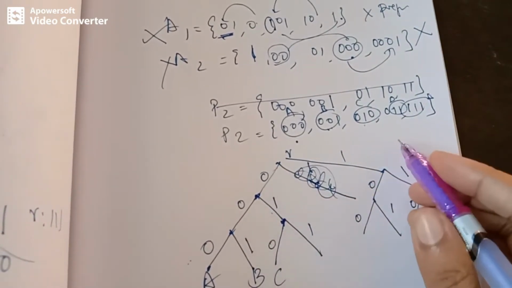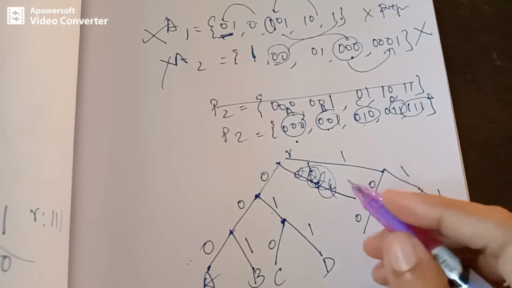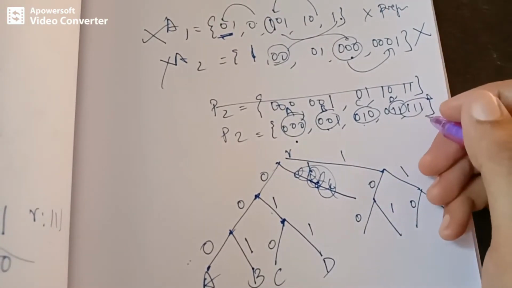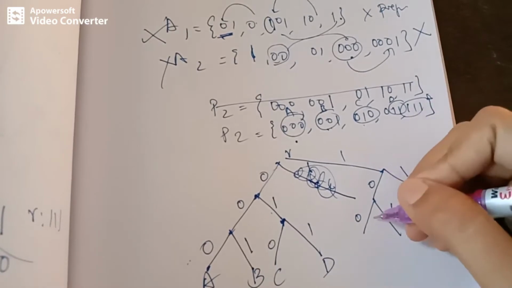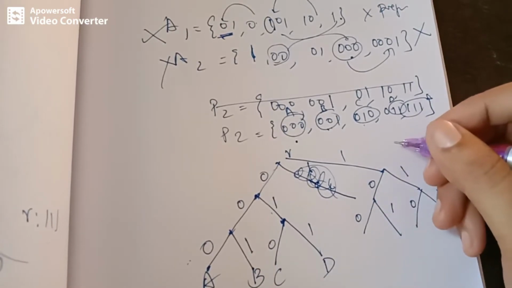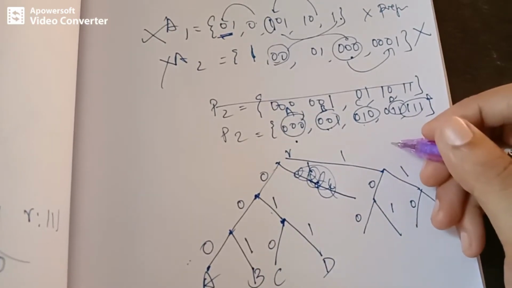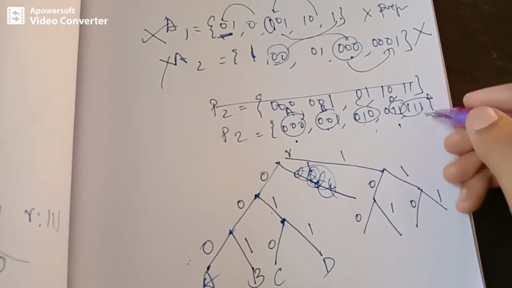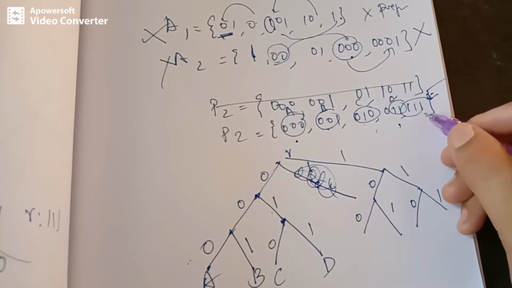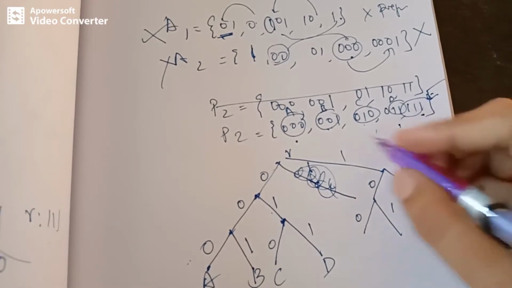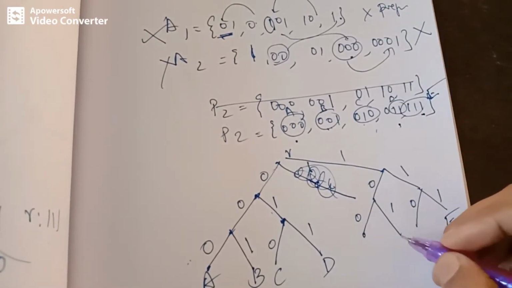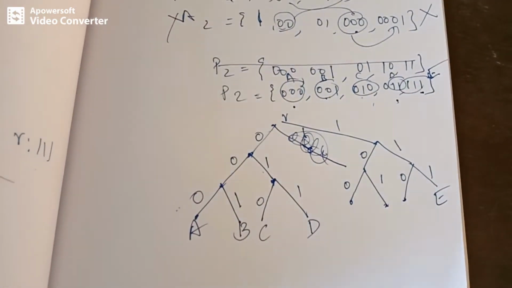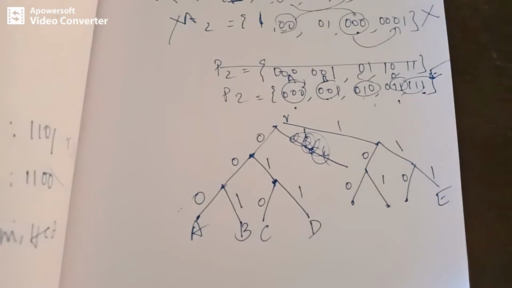See, 011 is D code. Likewise, 110, you can have other codes. So here I have included just this code 111. Okay, this is E. Likewise we can have other labels, but this is the way that we can construct the binary tree based on the prefix codes.